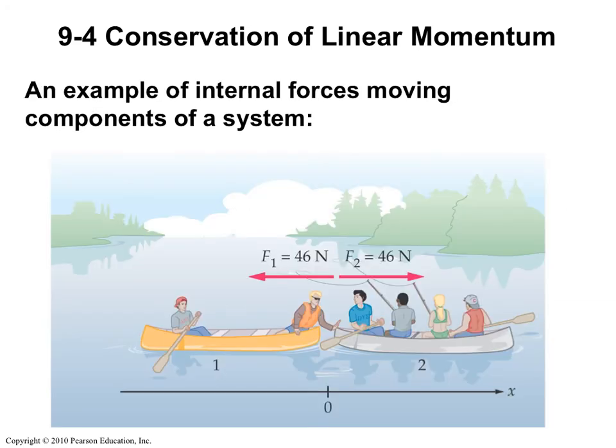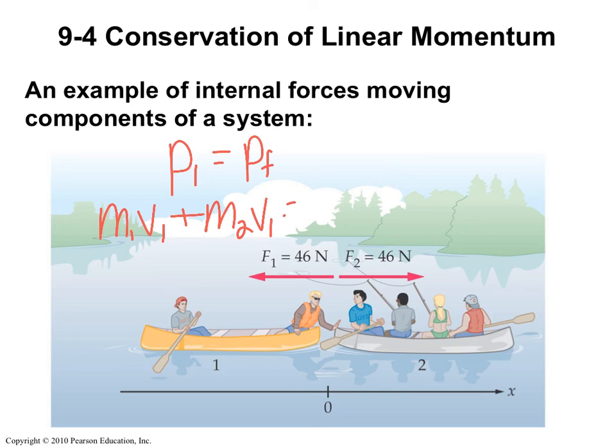Now, here's another example than the one I gave. For instance, we have these two boats, and maybe they both start at rest, okay? So my momentum before equals my momentum after. Now, if they're both at rest, that means that everything before is actually 0 in this situation.